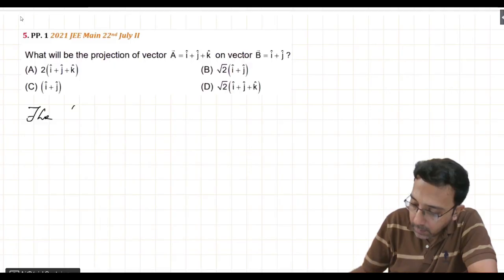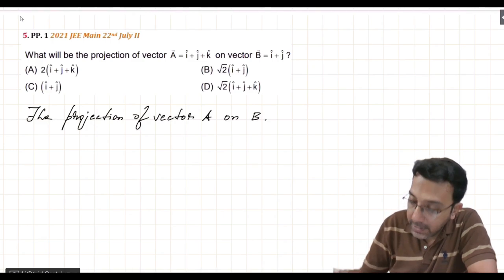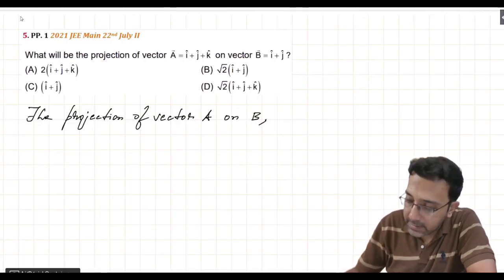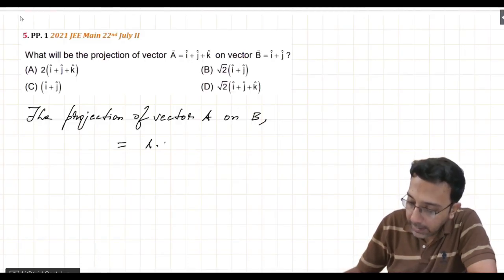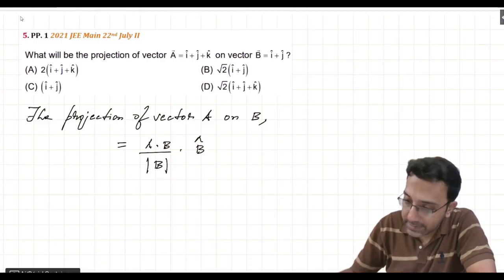The projection of vector A on B is equal to A dot B divided by mod of B, dot unit vector B. That is how it is written.